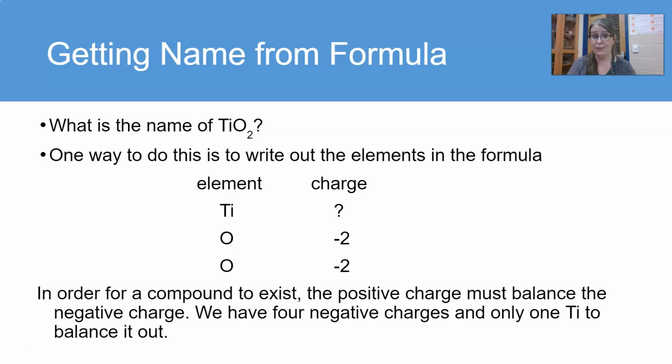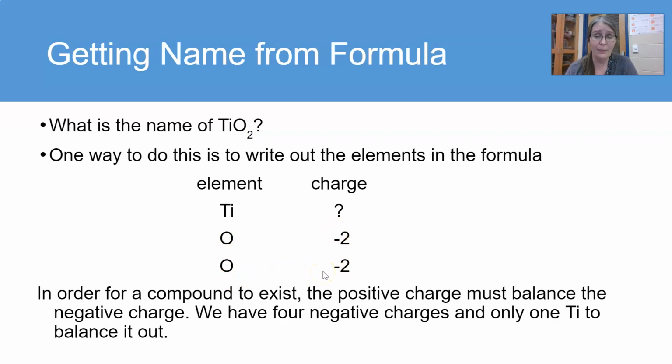So one way I like to do this is to write out the elements in the formula. So I make a little table. Here's my element, here's my charge. Titanium, well, I don't know what that is, so I could write it as an X. I could make this an equation. Then the O2 means I have 2 oxygens, and each one of those oxygens is -2.